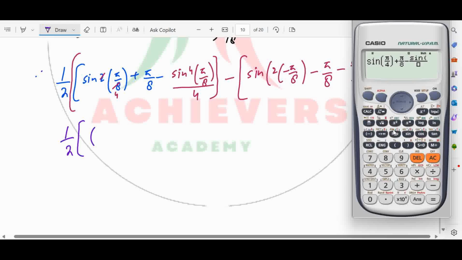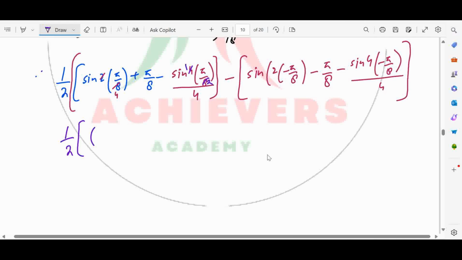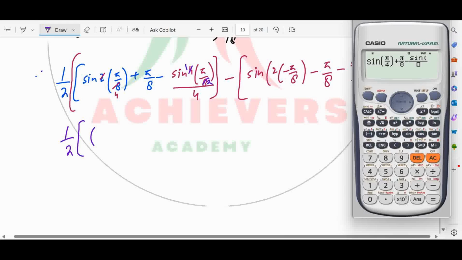Now this one is for 1s are, for 2s are. That is why pi by 2 fraction, pi by 2 bracket close, divided by 4.